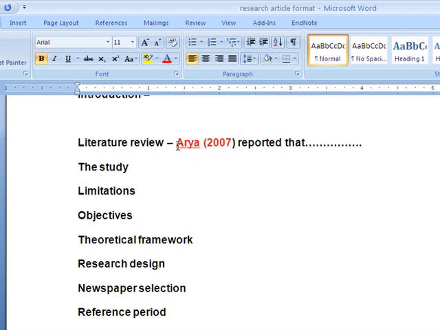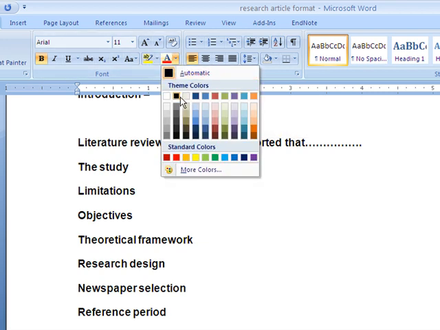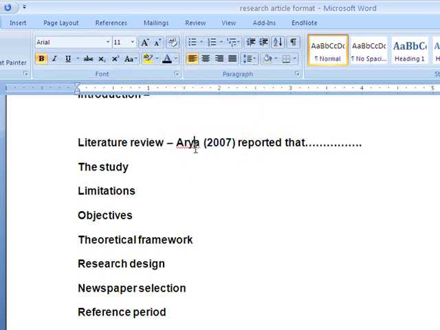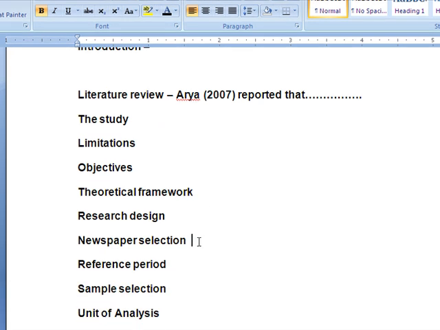Otherwise, if it is in black, then it may be hidden and I may miss writing the reference for it.